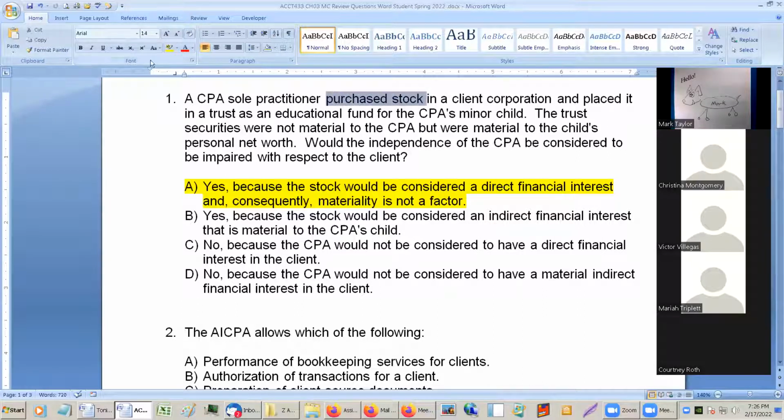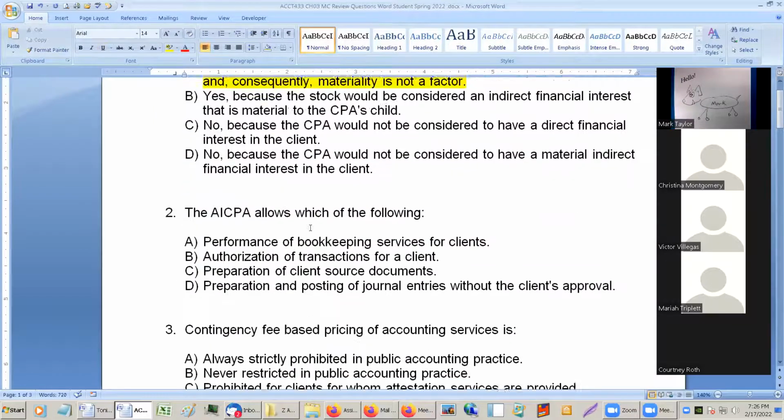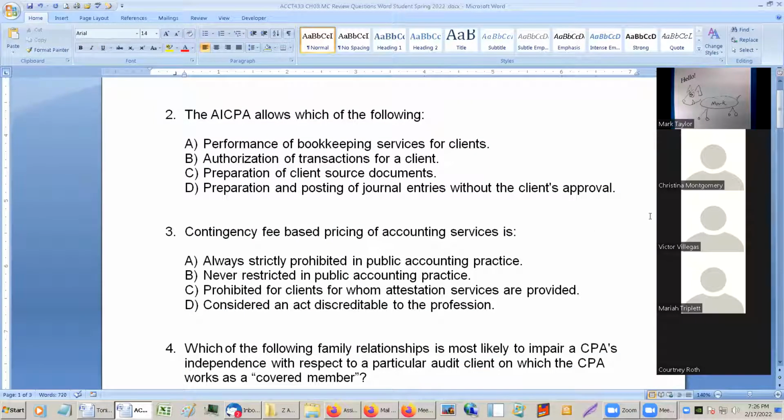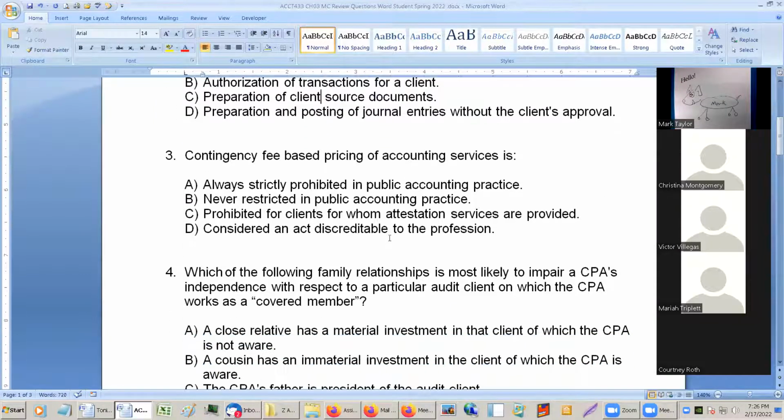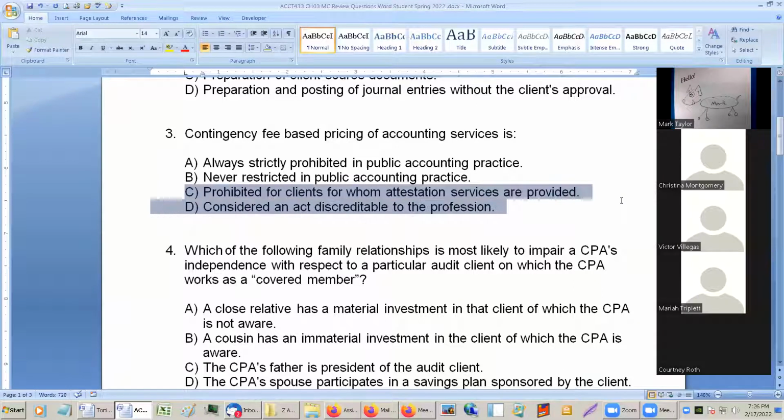It's a direct interest. Two is A. 3 is C. Getting them all so far.